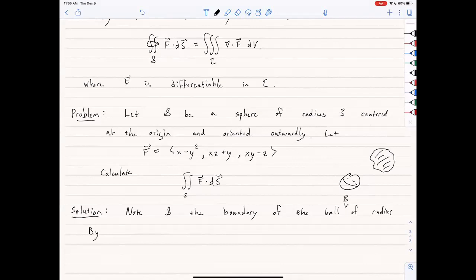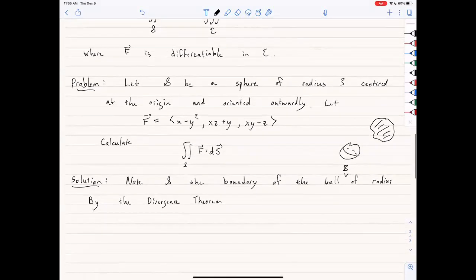So by the divergence theorem, we have the following equation: the double integral over S of F dot dS is equal to the triple integral over our ball of the divergence of F dV.